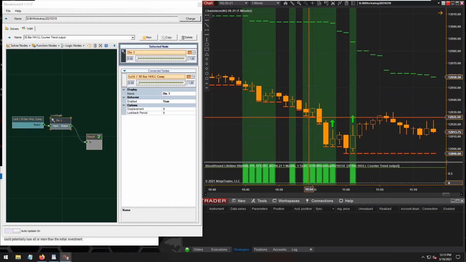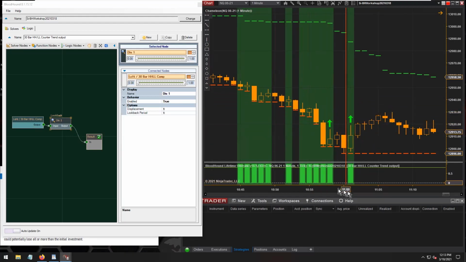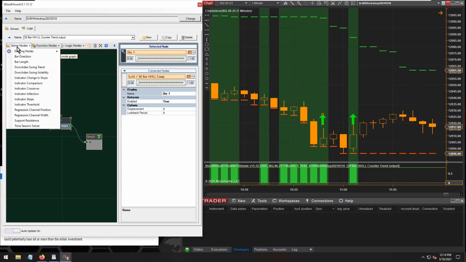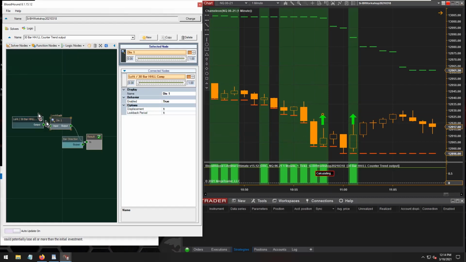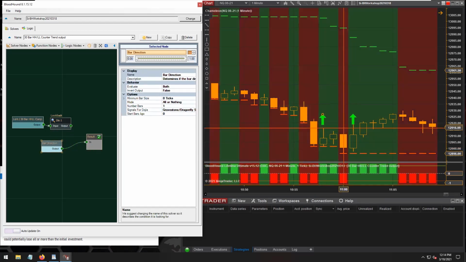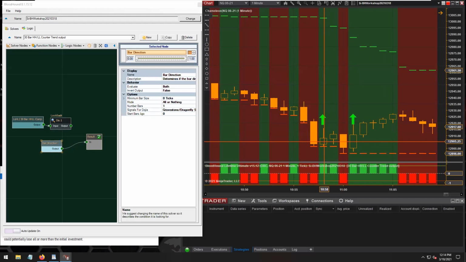So if you look at the outputs now, remember the output was on this down bar here. Well, it's been shifted forward 1 bar. So now it is on the next bar. And so next what we need to do is grab a bar direction, which can verify that the next bar is an up bar versus a down bar, for example.